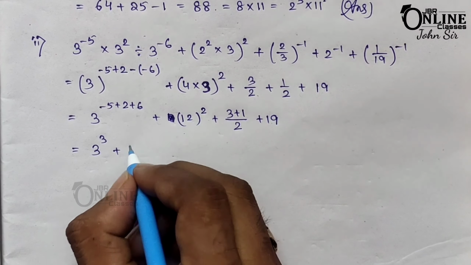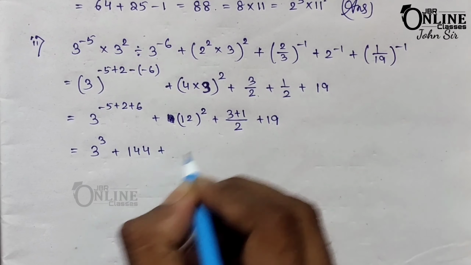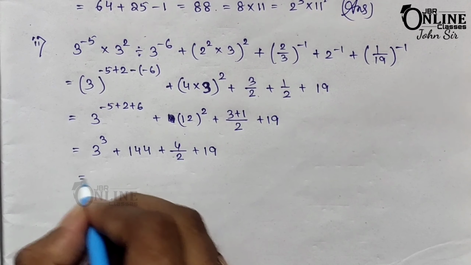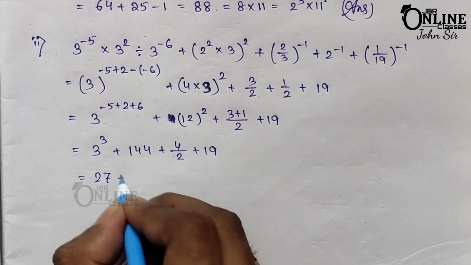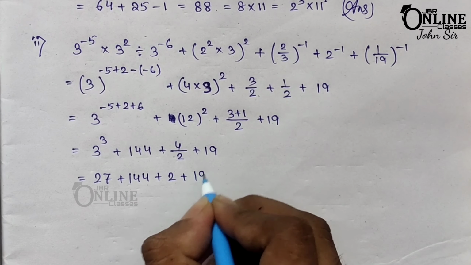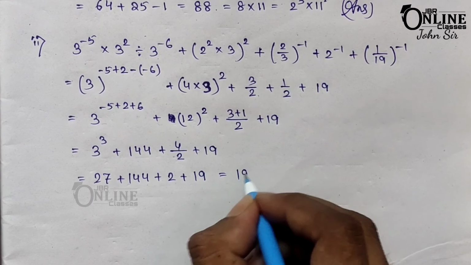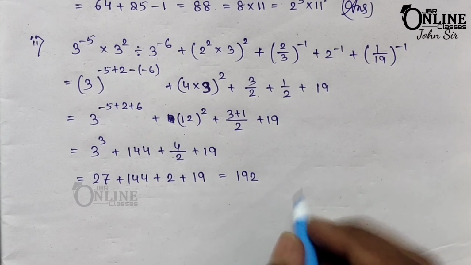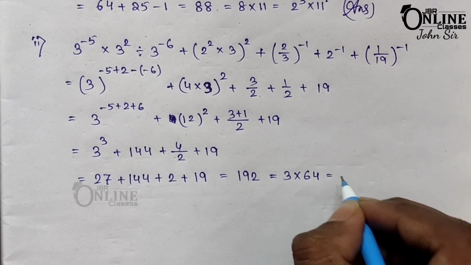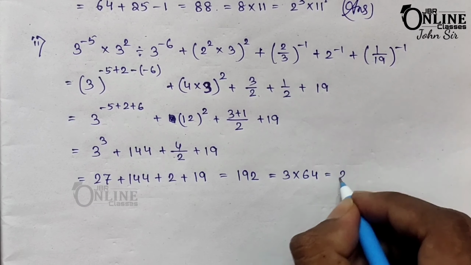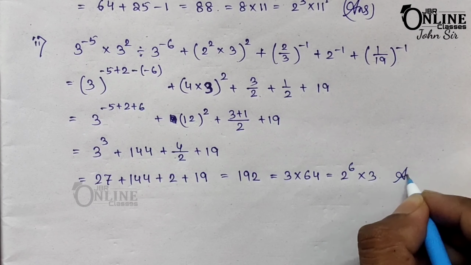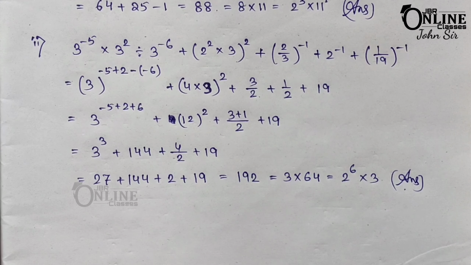Then 12 square means 144. Here 4 by 2 and here 19, so that becomes 27 plus 144 plus 2 plus 19, so finally 192. Now 192 means 3 into 64. Okay, now 64 means 2 to the power 6 and into 3. So 2 to the power 6 into 3 is the exponential form.